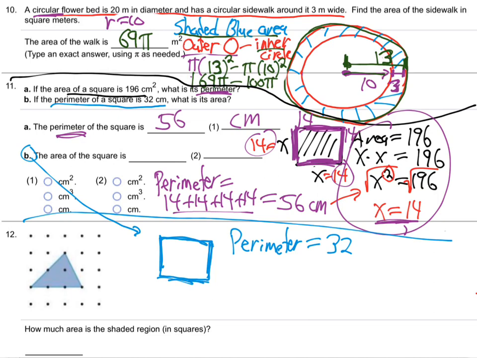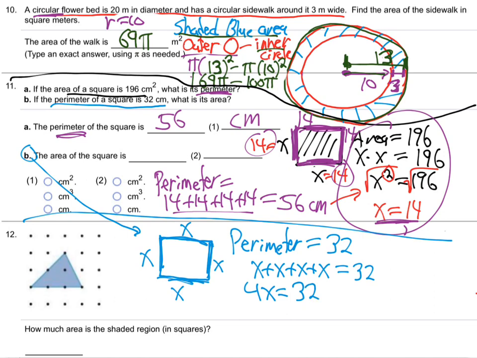Well, if we know the perimeter is 32, this is x, x, x, x. It's a square. All the sides are the same. So that would mean those 4 x's added up must equal 32. Because perimeter is all the way around the outside. So all the way around the outside, that's 4x is 32.